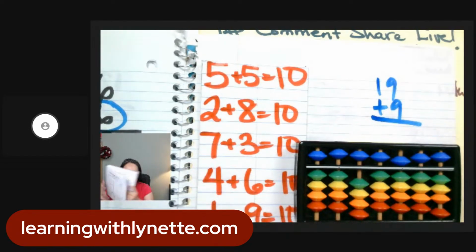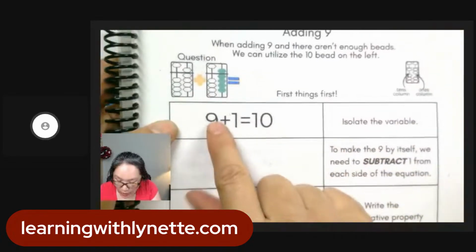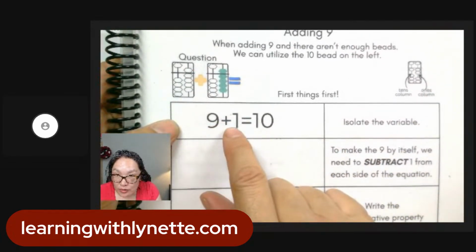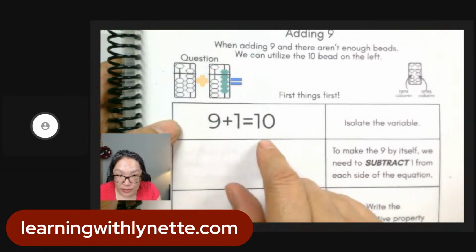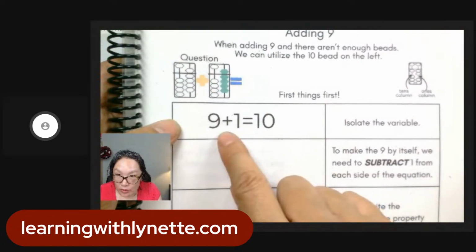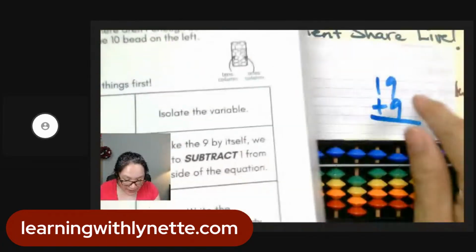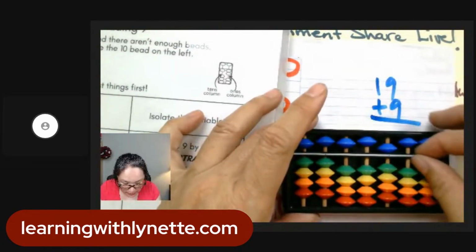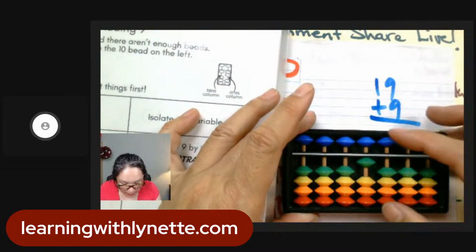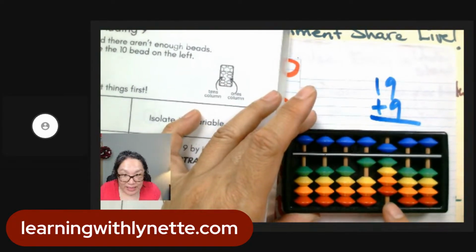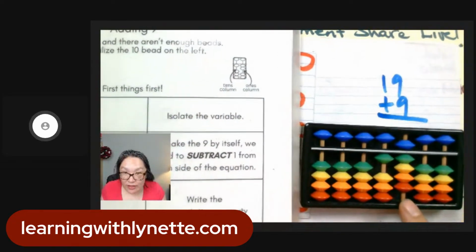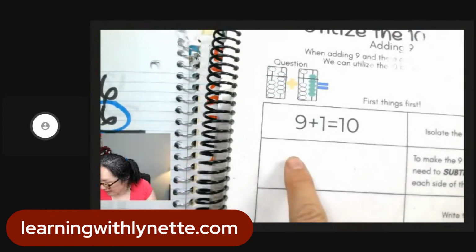We add the 9 by this formula. We know how to add the 9. 9 plus 1 is equal to 10. So what I'm going to do is I want to add the 9. I have on my abacus 1 and 9. I don't have enough beads to add another 9. If I don't have enough beads to add another 9, what do I do? I need to go back to my formula and isolate my 9.